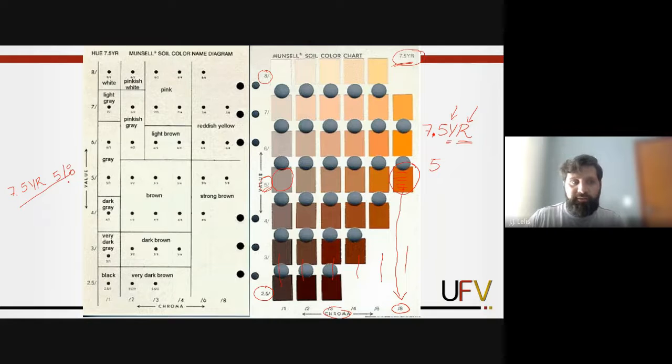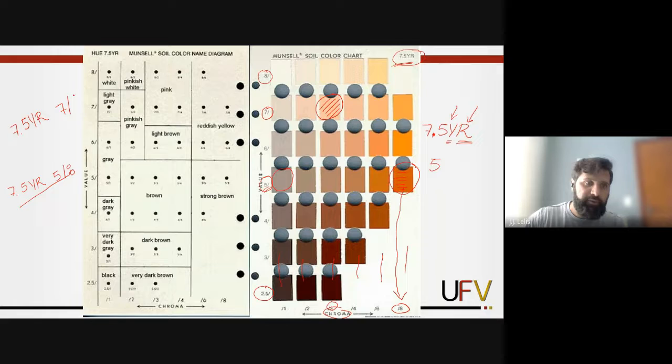If I identify another soil horizon, I should describe another soil color, and I take a new note, like, okay, I can identify a horizon here. The soil is here. So it's 7.5 yellow red, 7/3.